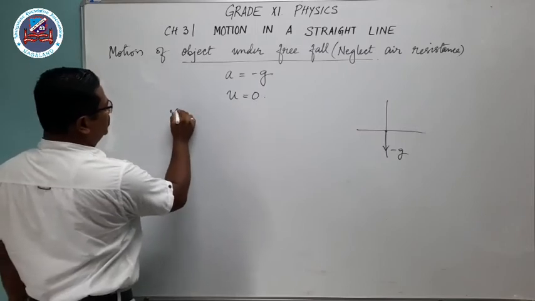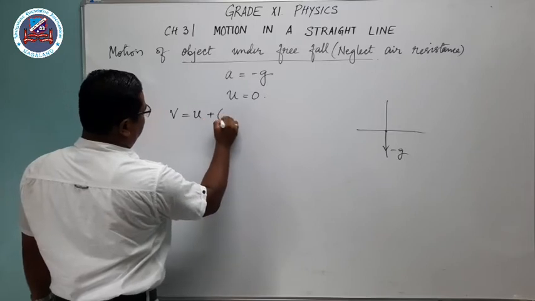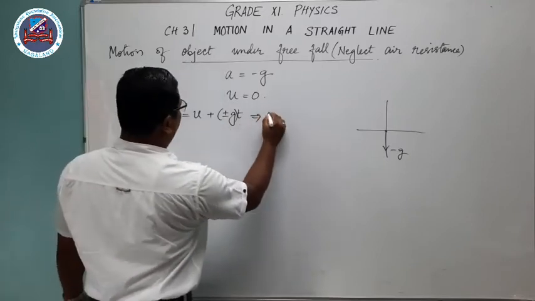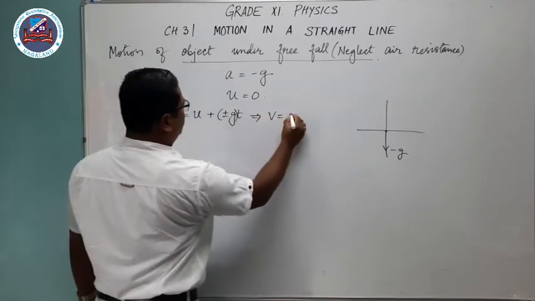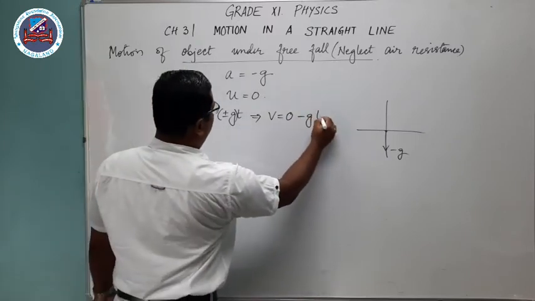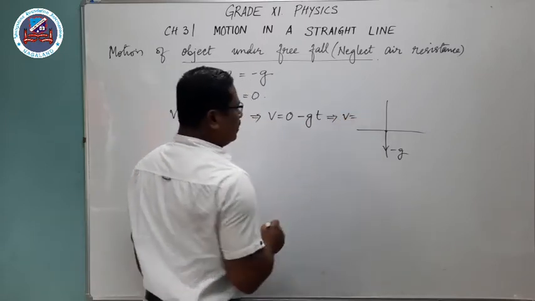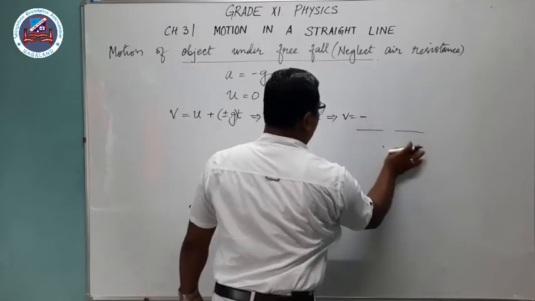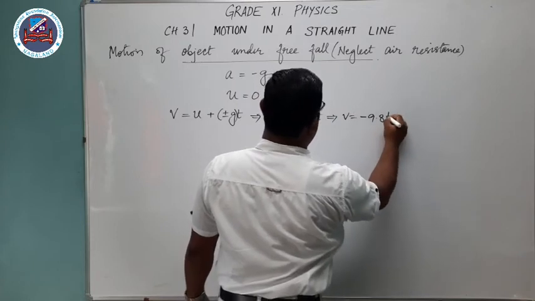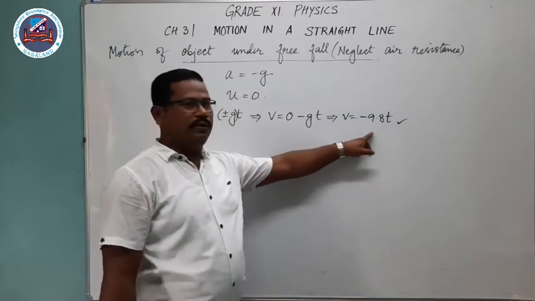The first equation of motion, v is equal to u plus or minus gt, will become v is equal to 0 minus g t, so v is equal to minus 9.8 meter per second square into t. This will be your first equation of motion when a body is undergoing free fall.